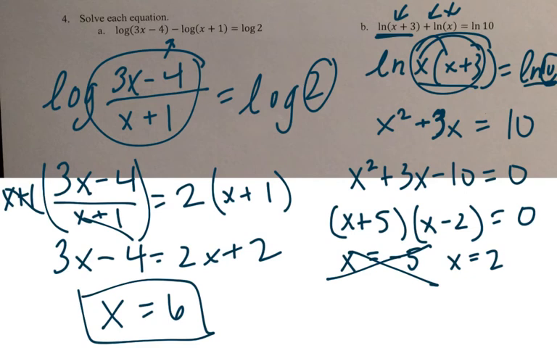I didn't check the other one on part A, but it looks like 6 plus 1 is 7, that's positive. 3 times 6 is 18 minus 4, which is also positive. So this answer right here is okay. But x equals negative 5 would give us negative values in our logarithm, and so therefore we cannot use that answer. But x equals 2 definitely does work.